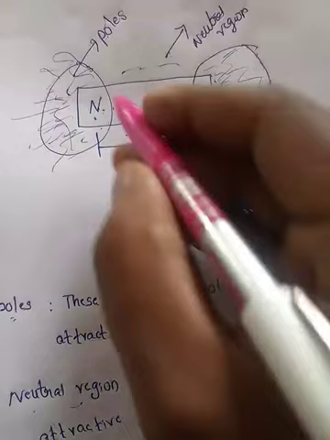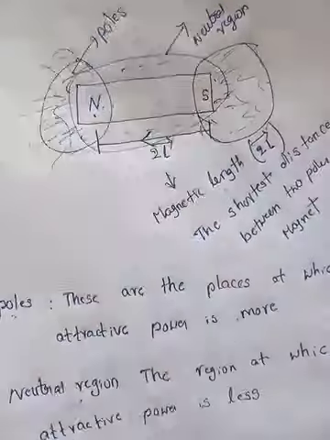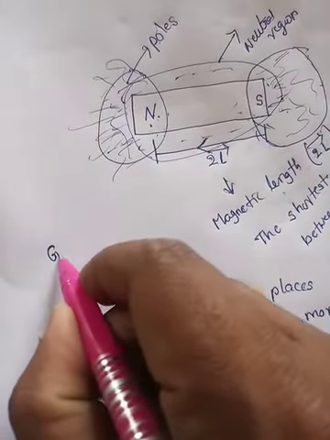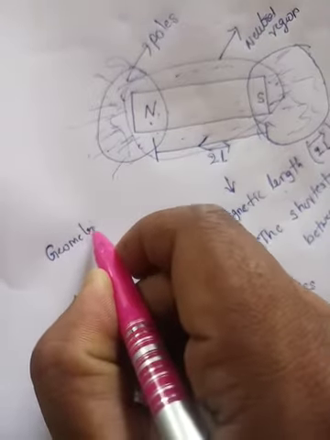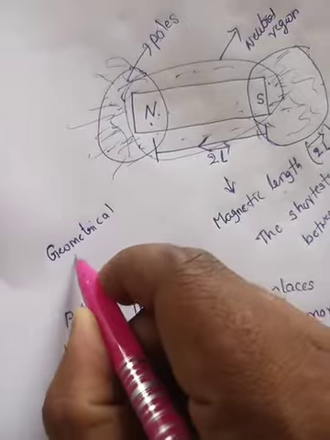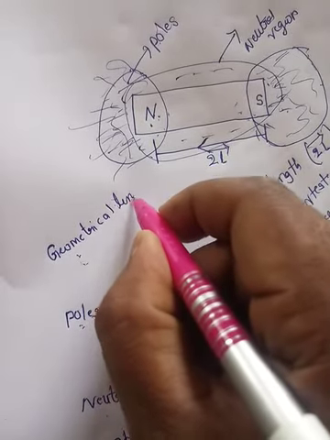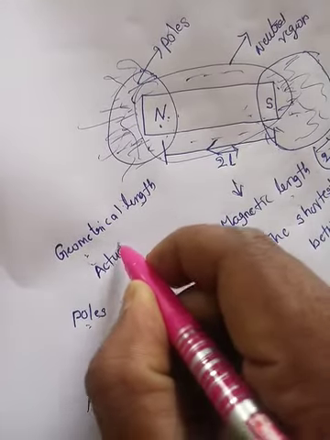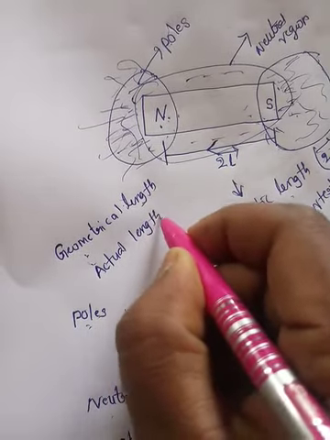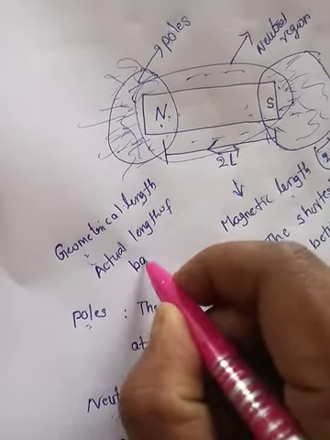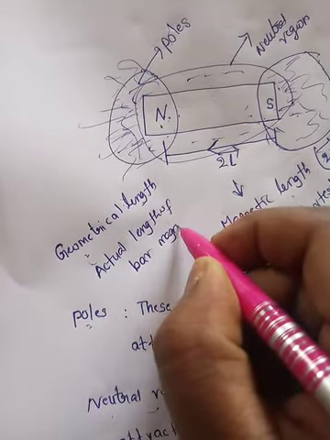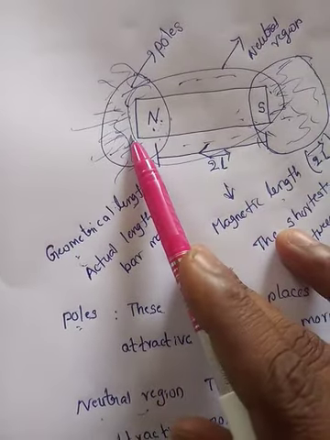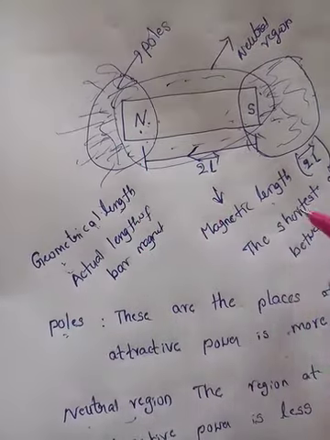What about the actual length of the bar magnet? The actual length of the bar magnet is called geometrical length. Geometrical length is nothing but the actual length of the bar magnet, because if the poles lie exactly at the ends, geometrical length is equal to magnetic length.